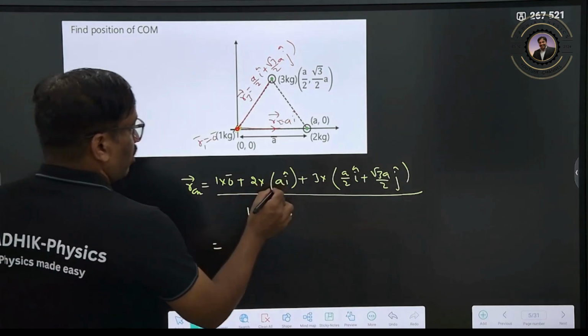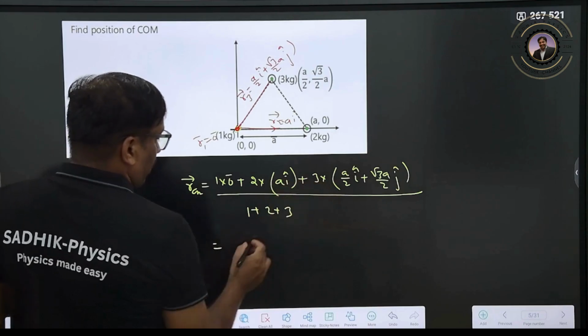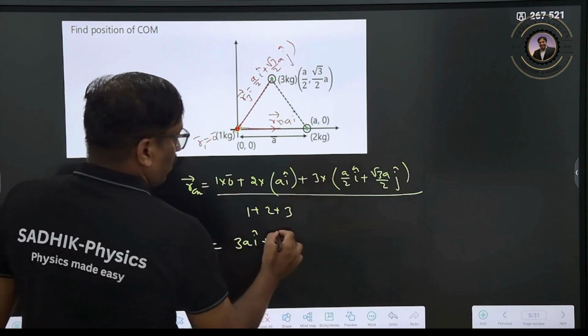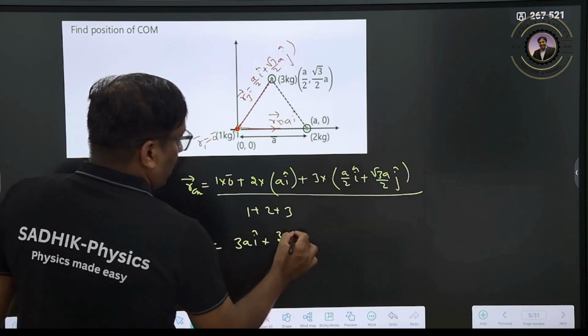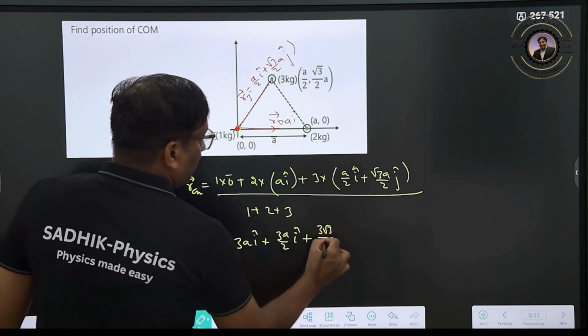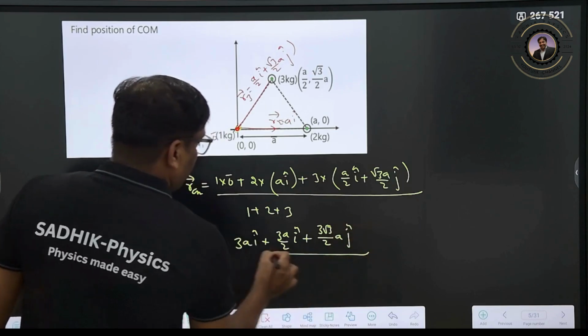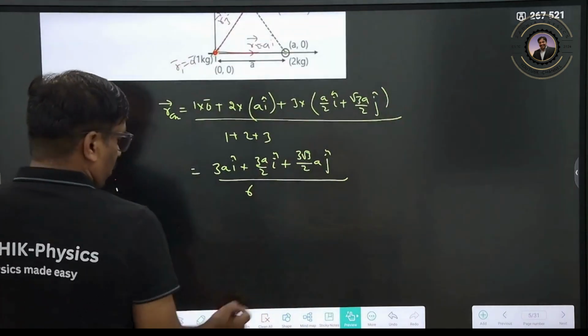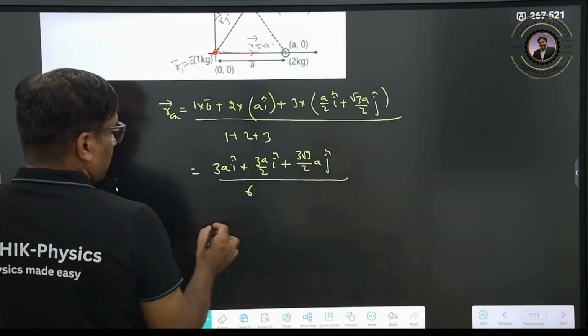Therefore here it will be 3a i cap plus 3a by 2 i cap plus 3 root 3 by 2 a j cap, divided by 6. Simplify, take all a's as common.